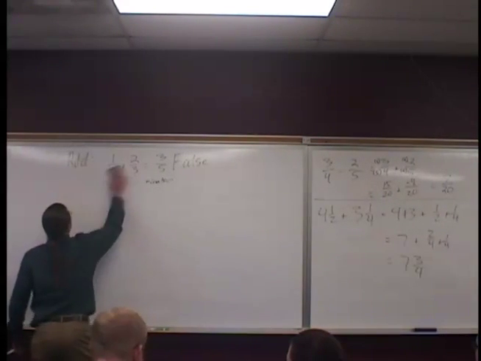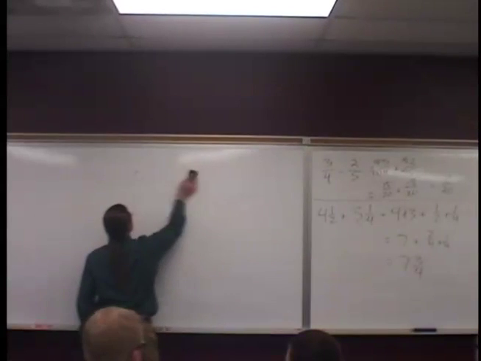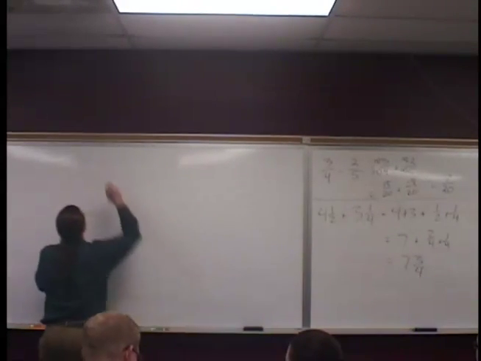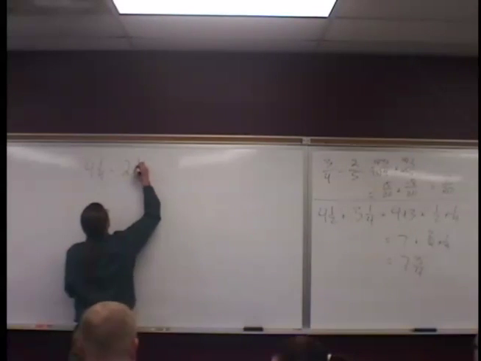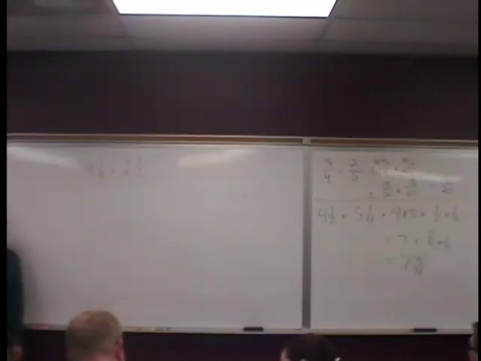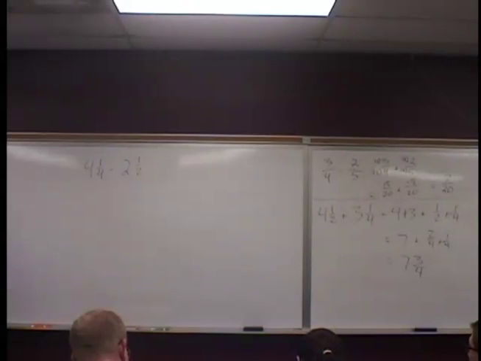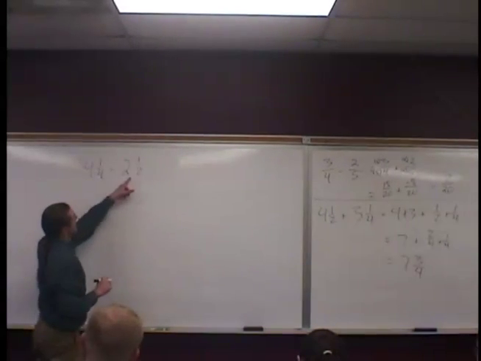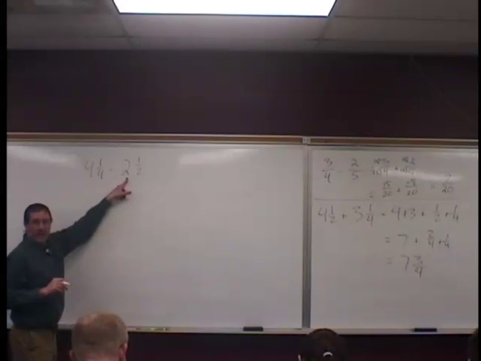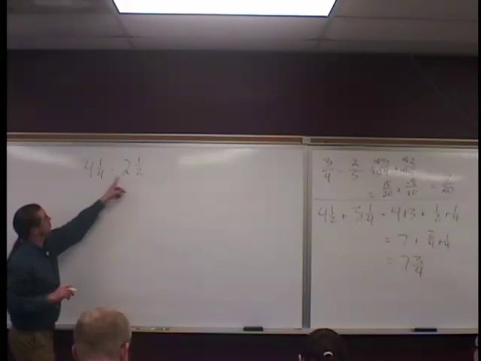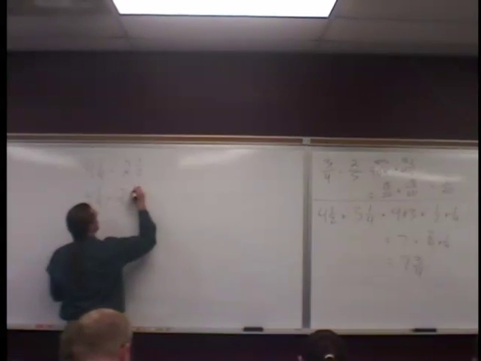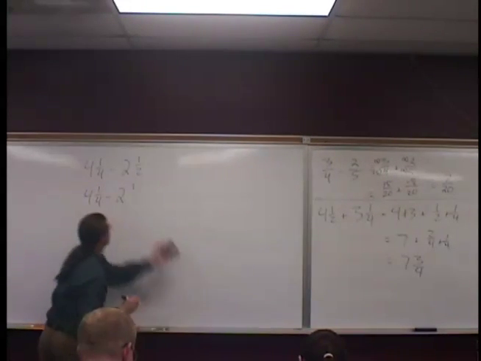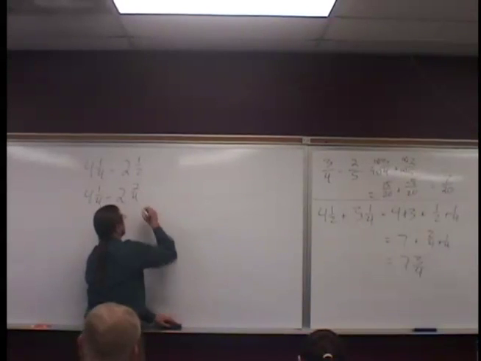you may run into problems when you are subtracting fractions where it becomes problematic. This, again, you're dealing with fractions. When you're working with it, you want to get a common denominator, 2/4.